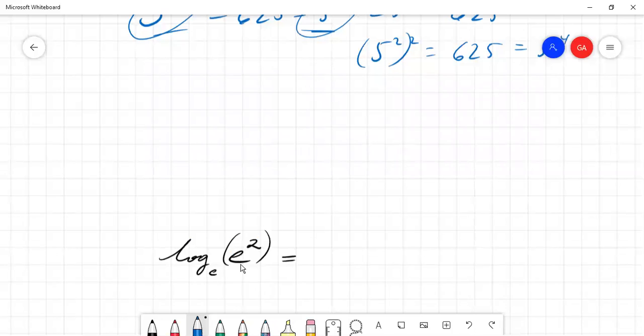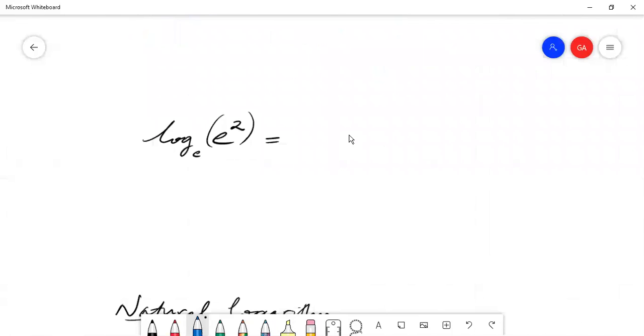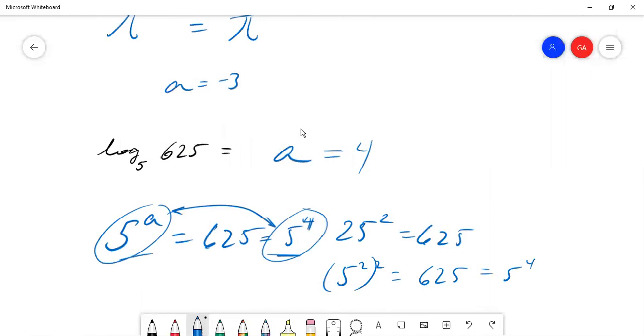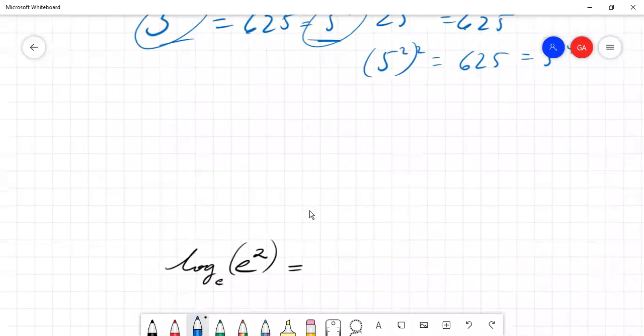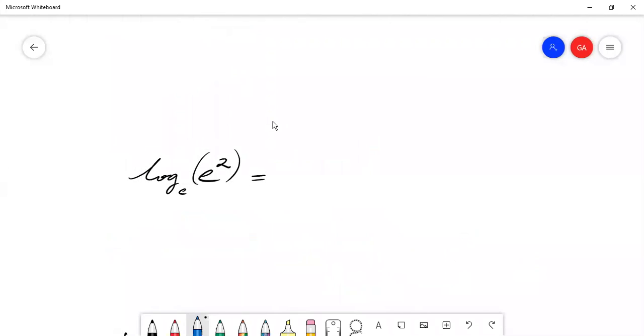Okay, this is just the same thing as the one that we just did with pi, very similar to that example. I've just used a different transcendental number here, a different irrational number, e. So immediately, if you were to follow that last example, you would say that this is 2. If I wasn't familiar with that yet, I would write the right-hand side as a, or you can use any letter.